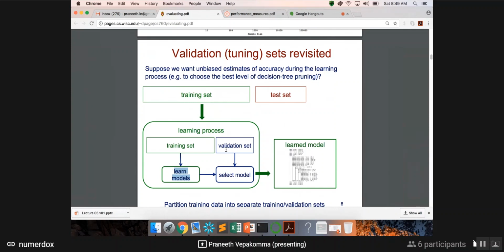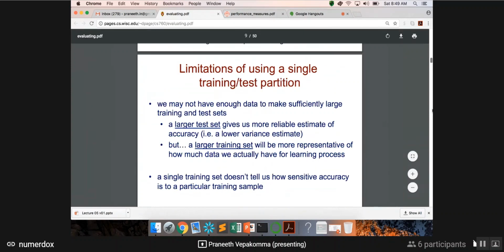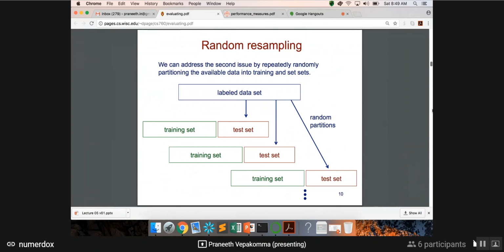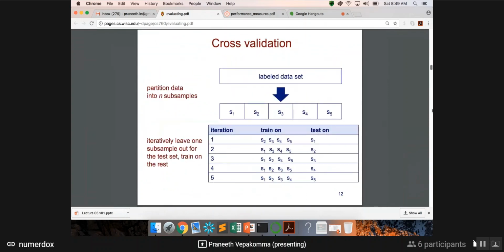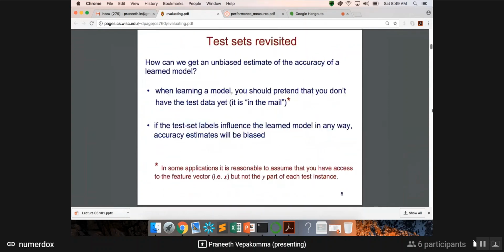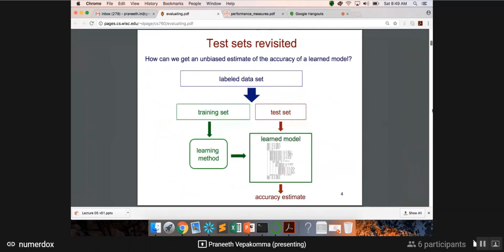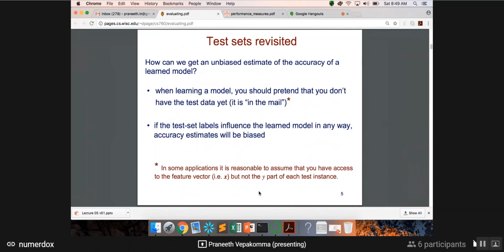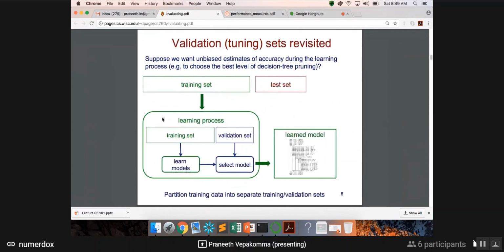Then you select the best model in terms of the validation set. This is the cross-validation process. So that's the overall context to what the workflow is. Now we'll be focusing more on the accuracy estimate, either here or inside the cross-validation box in here.